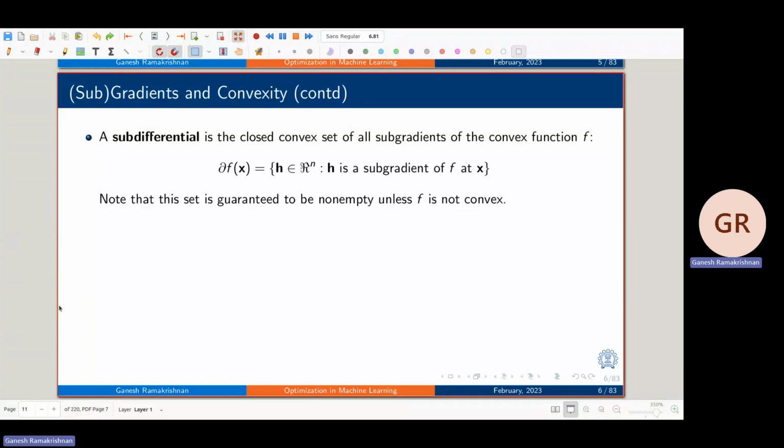Sorry, let me write it properly. H nu x should belong to the convex hull of H1x and H2x.